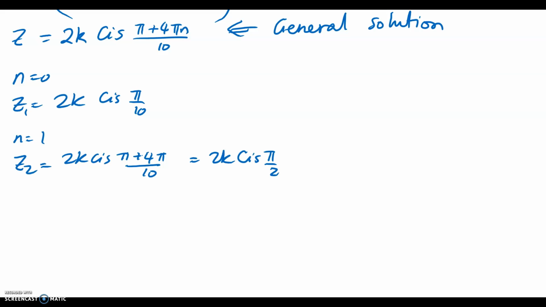Okay, so instead of showing you the substitution, I'll give you the final result: 2k cis 9 pi over 10.